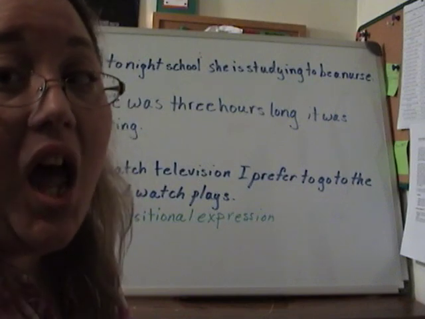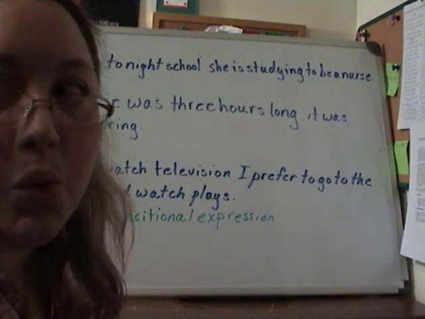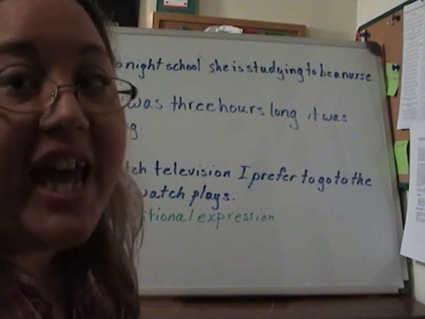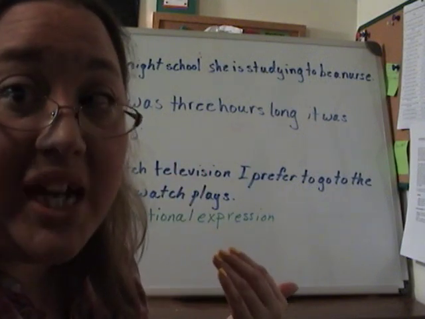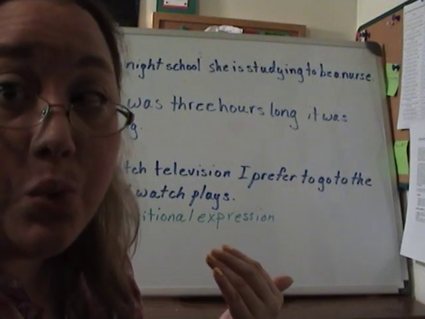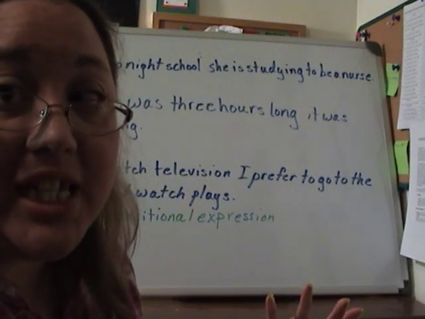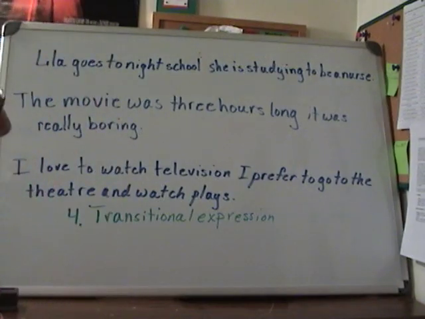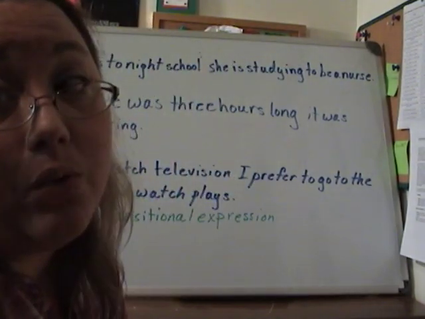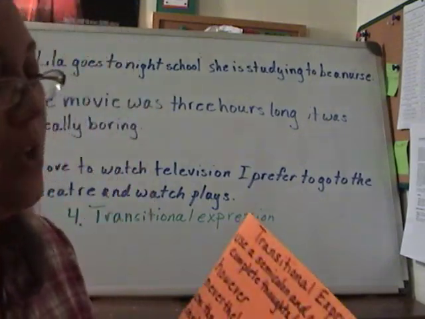I will admit, it wasn't until recently, within the last few years, that I had even seen this form of punctuation being used with transitional expressions. It's not something I had really even heard of. So this may be something that you have also not seen yourself.